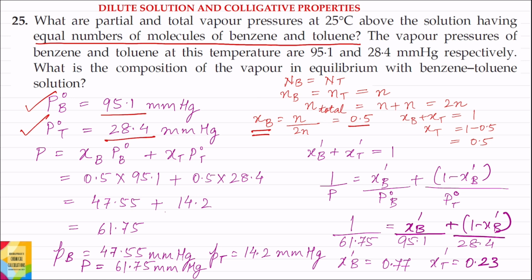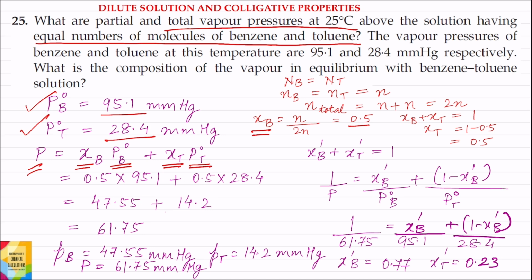What is the composition of the vapor in equilibrium with benzene toluene solution? Now the total vapor pressure of the solution, that is P, will be equal to mole fraction of benzene into vapor pressure of benzene. Now mole fraction of benzene into vapor pressure of benzene will give the partial pressure of benzene, plus mole fraction of toluene into vapor pressure of toluene.